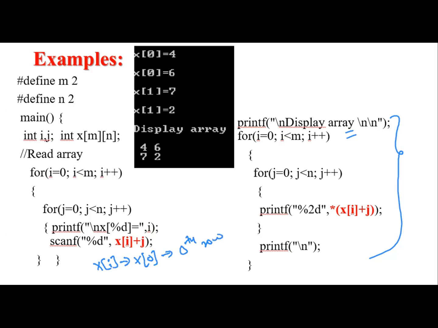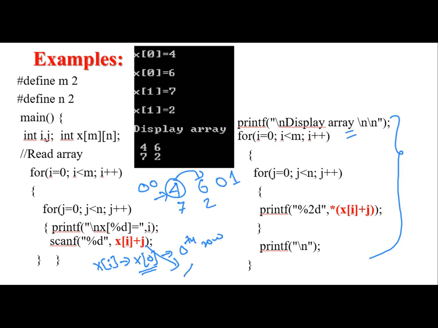Now if I have to move on to the next column, I have 4 6 7 2, so this one is row 0 column 0. So x of 0 points to the first one. Now if I want to enter the value of the second one, it should be 0 1, so that's what I did here.